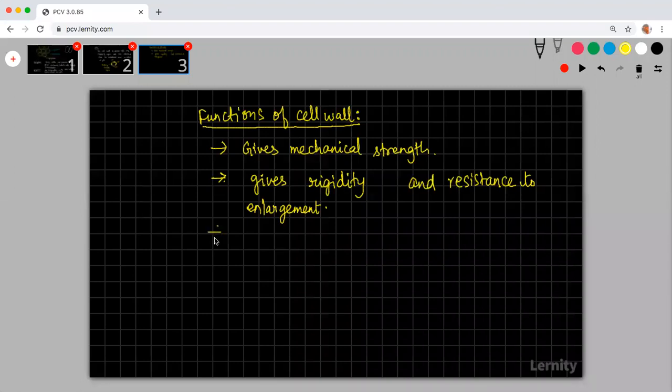It controls growth and prevents bursting. See if we have written all the points here already. If it is written already, it's okay, fine. If you haven't written it, please write it now. Yeah, I remember teaching this.